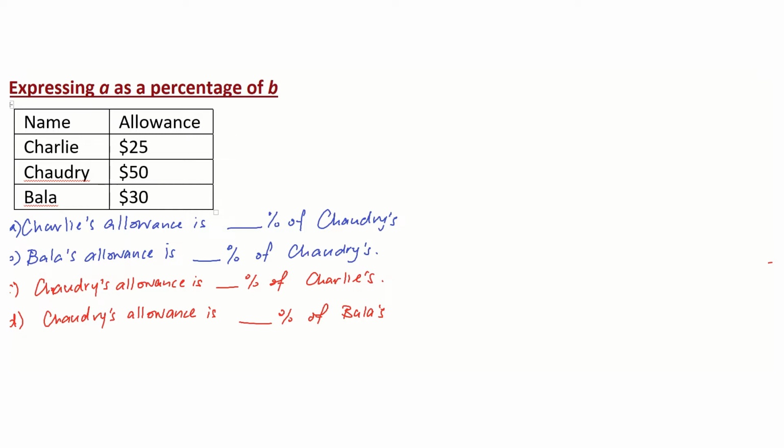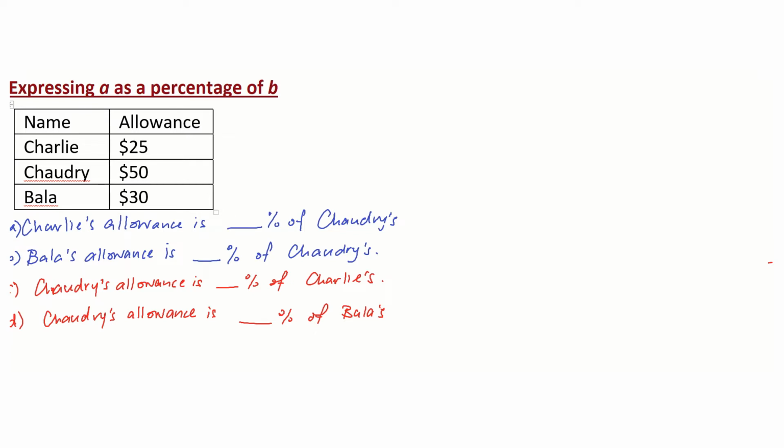I'll say we have three good friends, Charlie, Chowdhury, and Bala, and they're doing a comparison of their weekly allowance. As you can see from the table, Charlie has $25, Chowdhury has $50, and Bala has $30. Quick math, you would be able to tell me that Chowdhury has twice as much as Charlie.